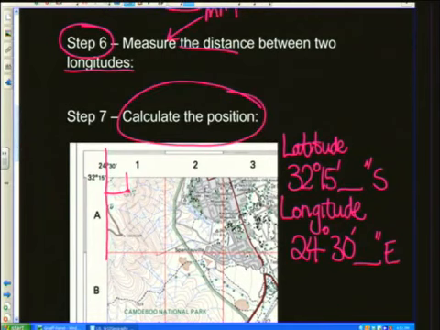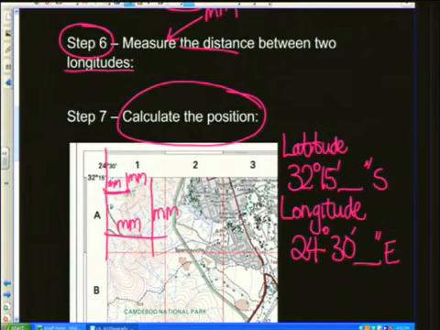So simply put, guys, what you should note is that this distance is in millimeters. This distance between latitudes is in millimeters. The distance between two lines of latitude. The distance between two lines of longitude.